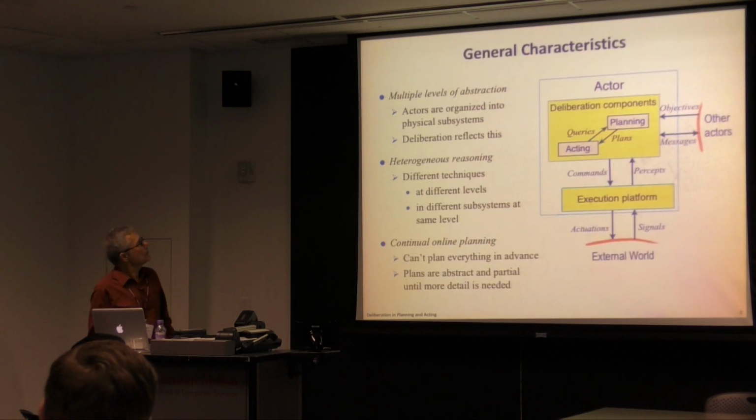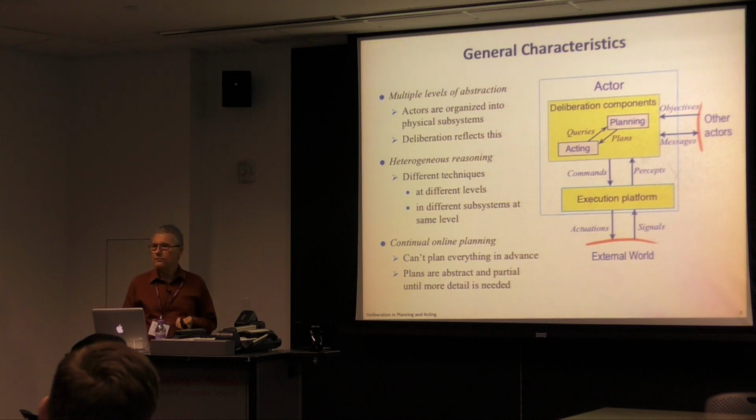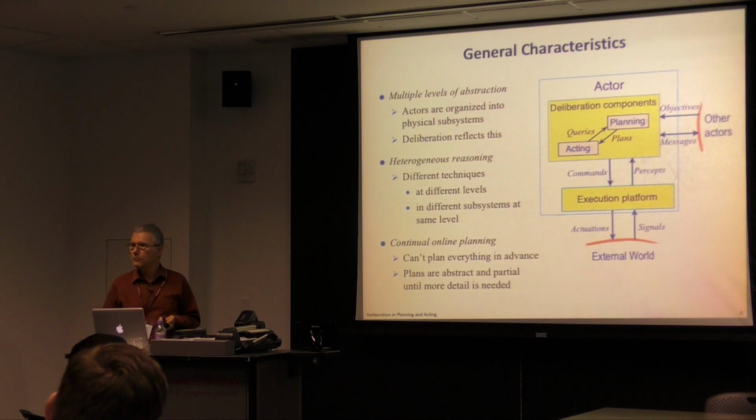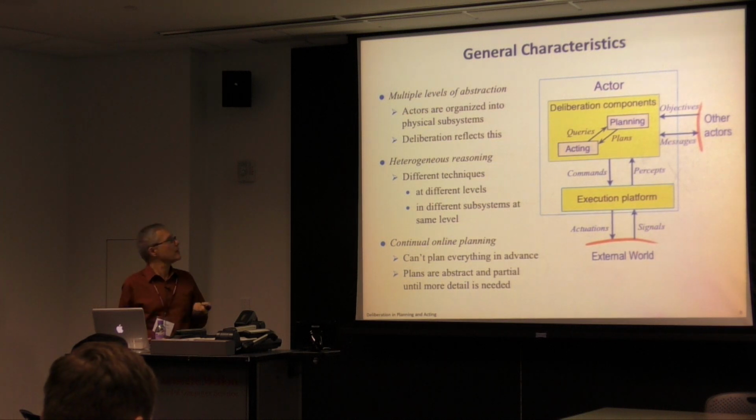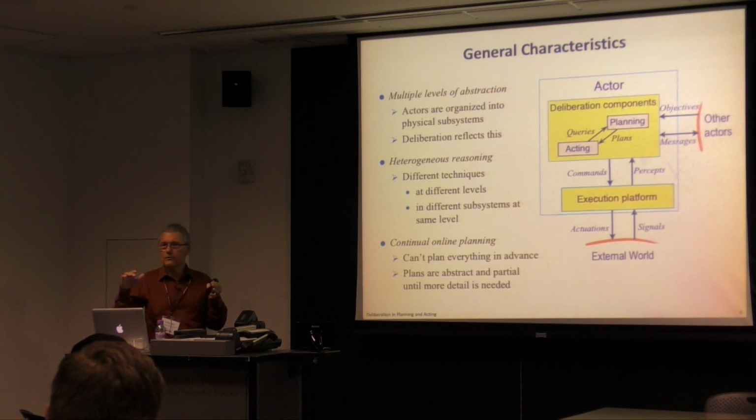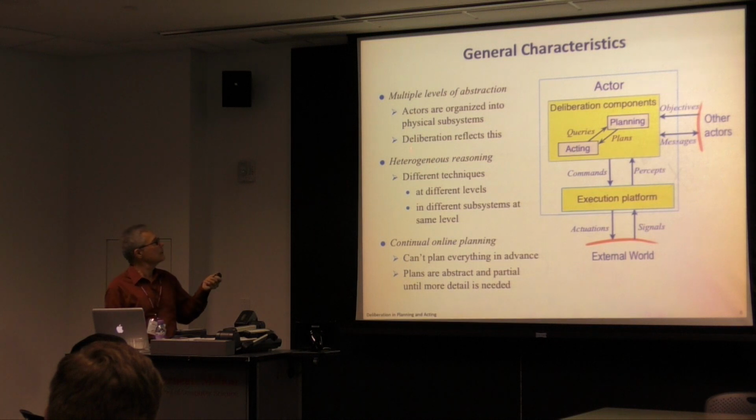Okay? So some general characteristics of the interrelationship between planning and acting. One is that typically there need to be multiple levels of abstraction. Actors are generally organized into physical subsystems at various levels, and the deliberation has to reflect this.